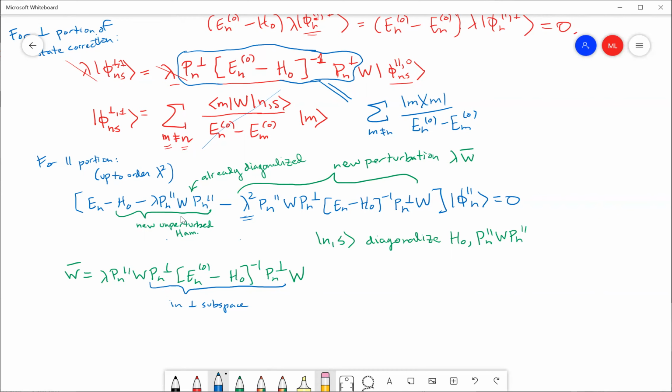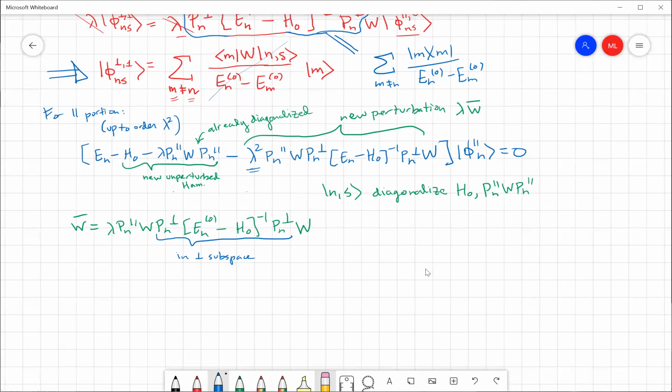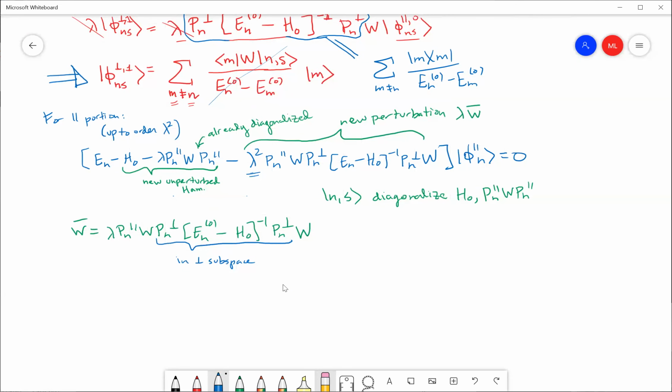And so what we can do is calculate the state correction for that perturbation using this kind of formula right here, right? Because everything is fine now. This is like a redone perturbation problem, and we can just write down what the state correction is for this new problem.